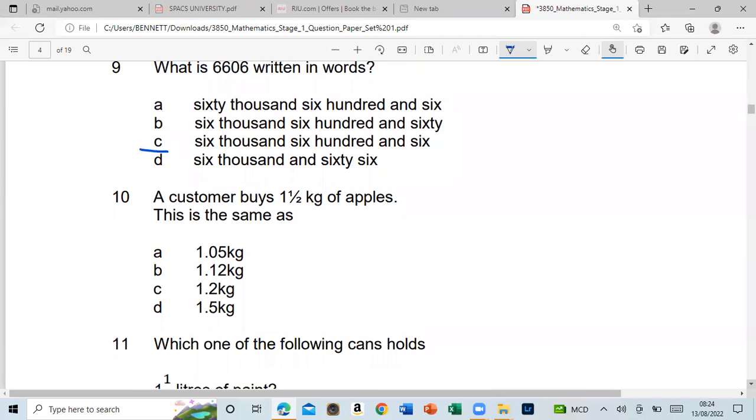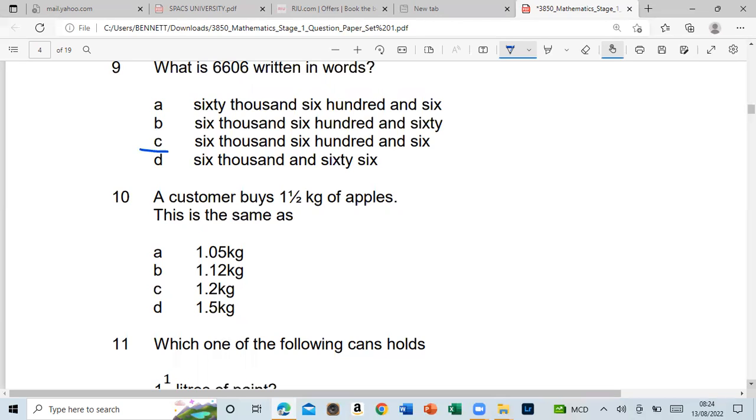A customer buys 1.5 kilograms of apples. This is the same as one and a half kilograms, which is the same as what decimal, guys? 1.5.